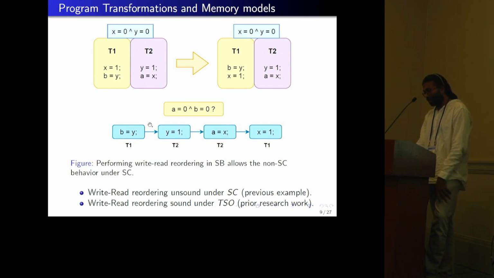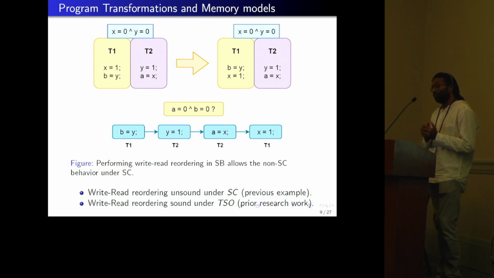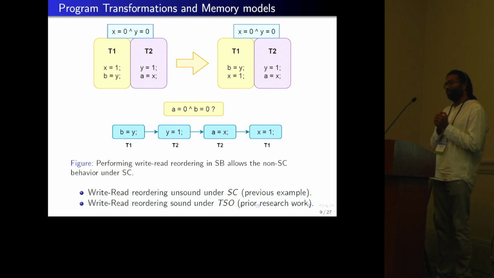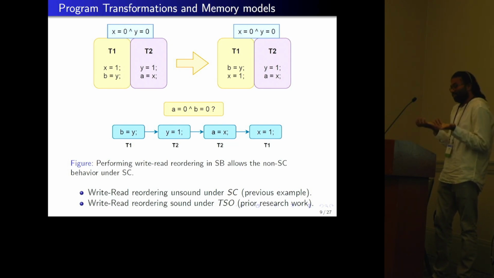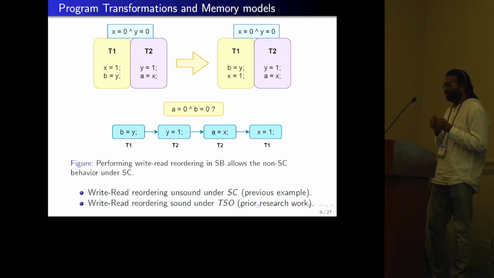If you look at it, B equals Y is done in T1, then T2's Y equals 1, A equals X are done, and then T1's X equals 1. So in some sense, we get this store buffering behavior by just a simple write-read reordering. Now, what does this tell us? It tells us write-read reordering is unsound under SC.